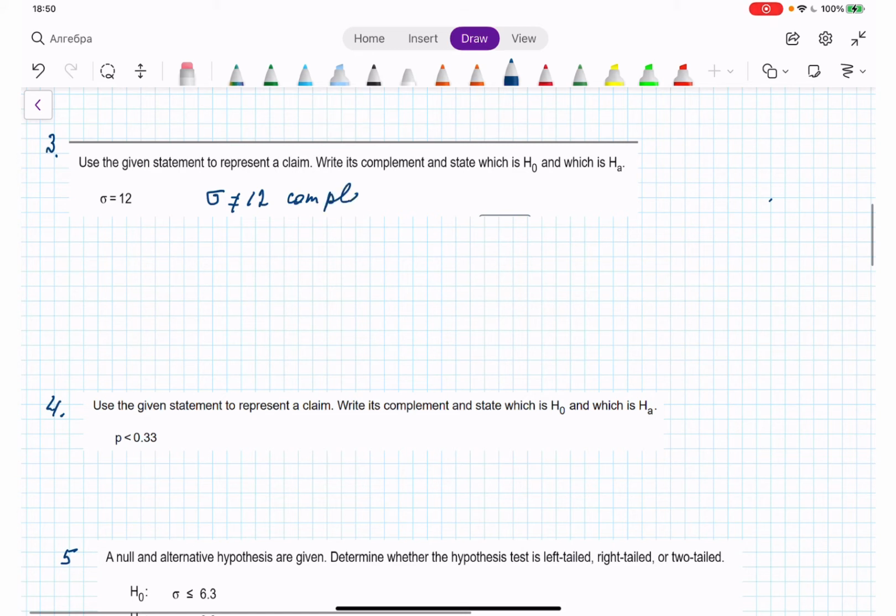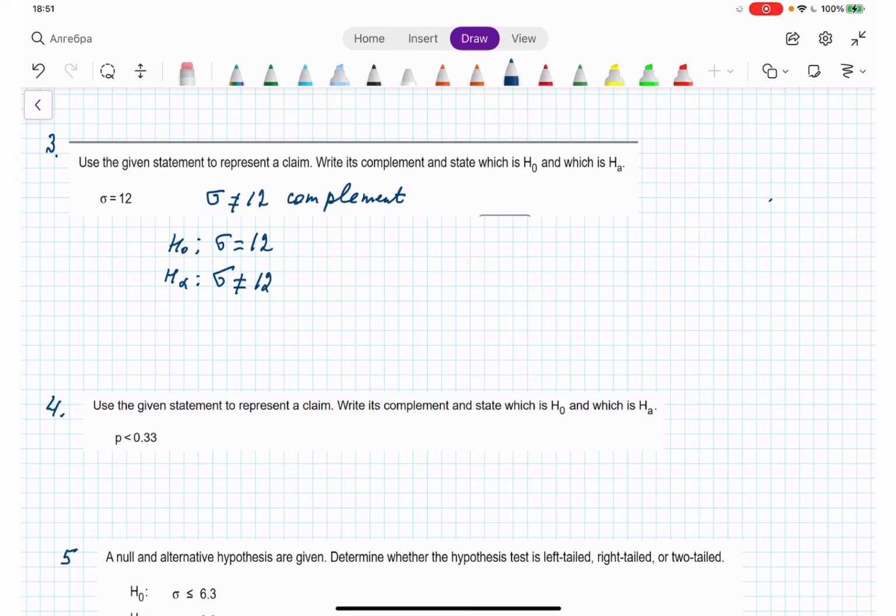Right? Now which one is the null hypothesis, which one is the alternative? Remember we said that a null hypothesis always carries the equal sign. Therefore, the null hypothesis is sigma equals 12, and accordingly, the alternative, is not equal to 12.